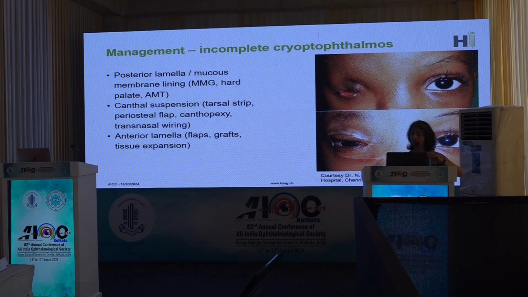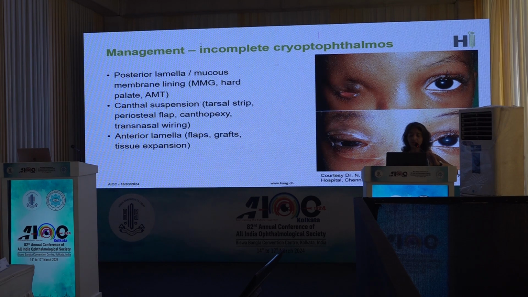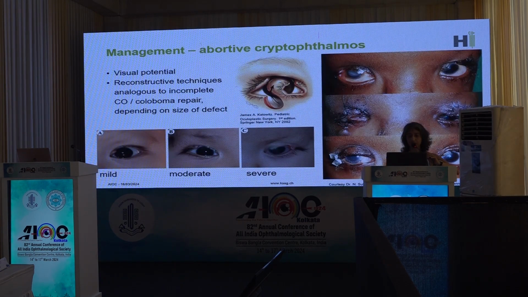So there are different options of reconstruction. Again, for the posterior lamella, mucous membrane can be used. Amniotic membrane can be used. Canthal suspension with a tarsal strip or a periosteal flap. And for the anterior lamella, flaps, grafts, and tissue expansion have been discussed by my previous colleagues.